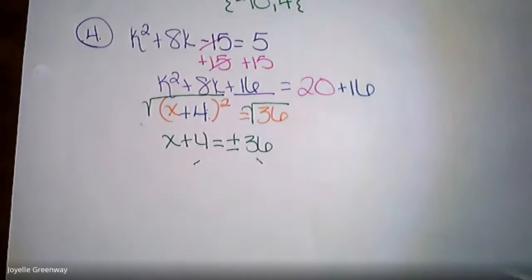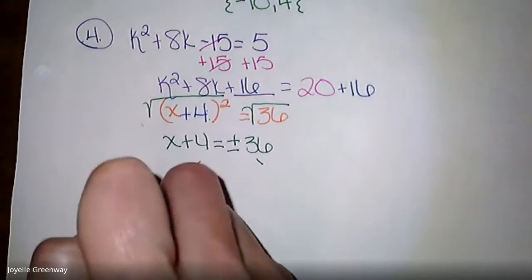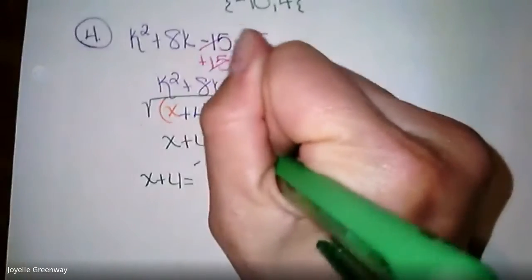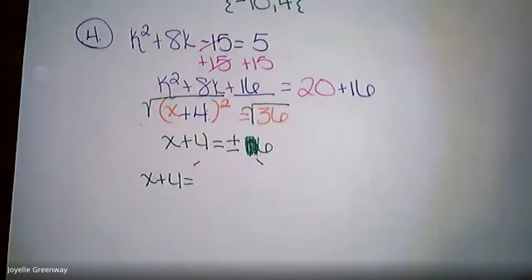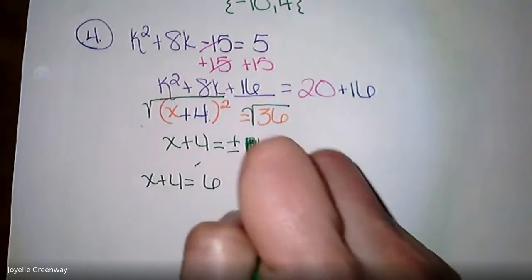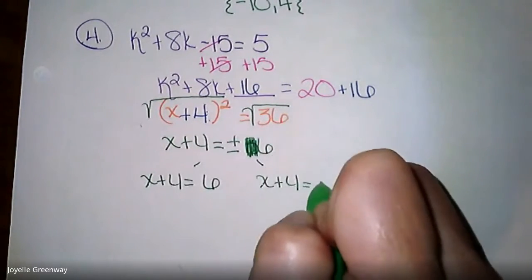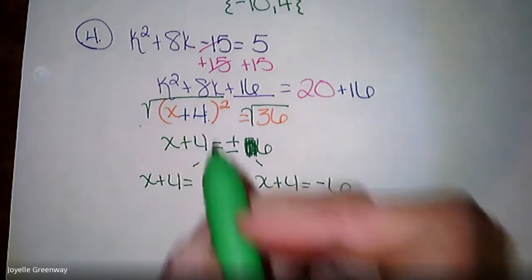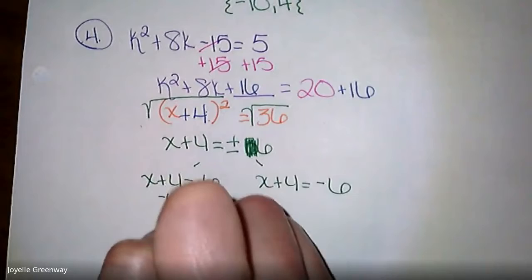So now I can break that up. I have x plus 4 equal, I didn't mean 36 there. I meant 6. So I have x plus 4 equals positive 6, and then x plus 4 equals negative 6. And then I can solve each one.